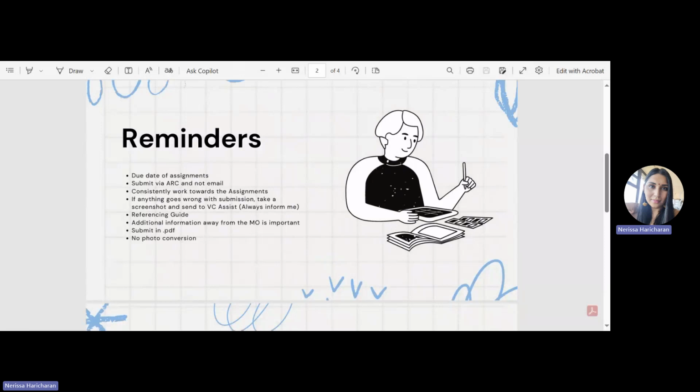If you are submitting and there is a problem with your submission, make sure you take a screenshot and you send it to your student VC Assist, and always inform me. If you're having technical issues for whatever the case may be, just make sure that you inform me and you are letting the VC Assist know.